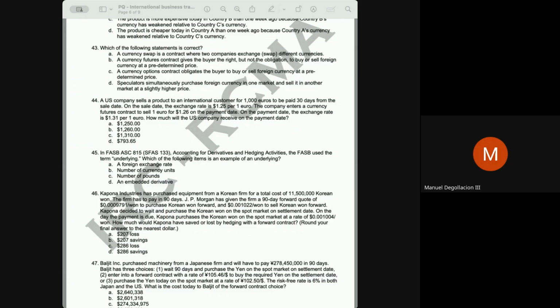On the payment date, the exchange rate, of course, what the US company would get would not be the 1.25, because it will not receive anything yet on the sale date. It would also not be the exchange rate of 1.31, because on this date you have already agreed, you already have the obligation.